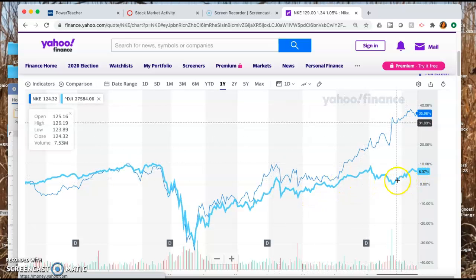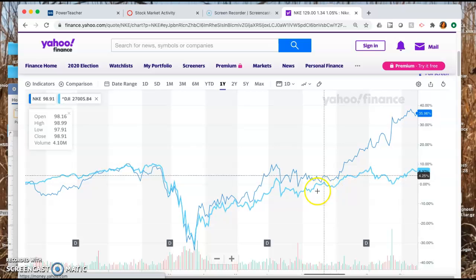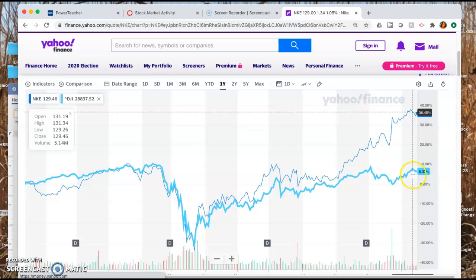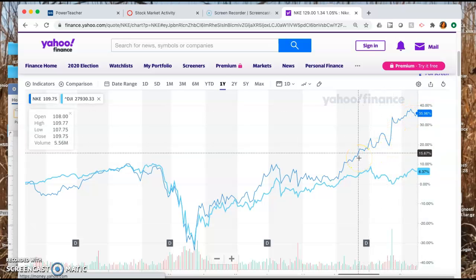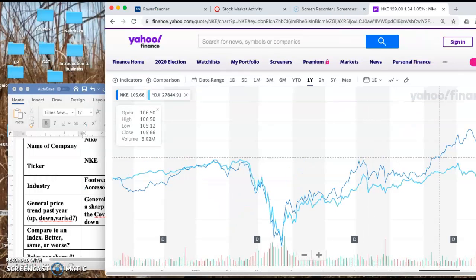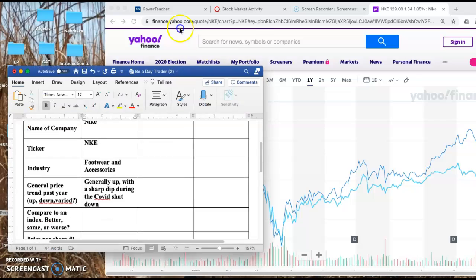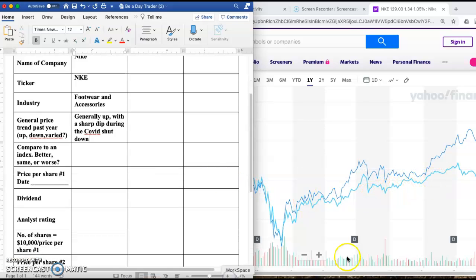But if you look also here, in recent months, the stock market overall, again just an average, has kind of leveled out a little bit, and Nike has definitely outperformed more recently. So again, something that looks kind of promising. So I would just come over here and I would characterize that this dark blue line, it's a little better than the average. We've definitely done better recently.